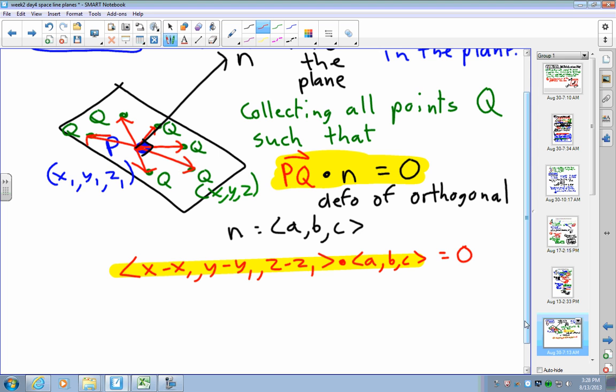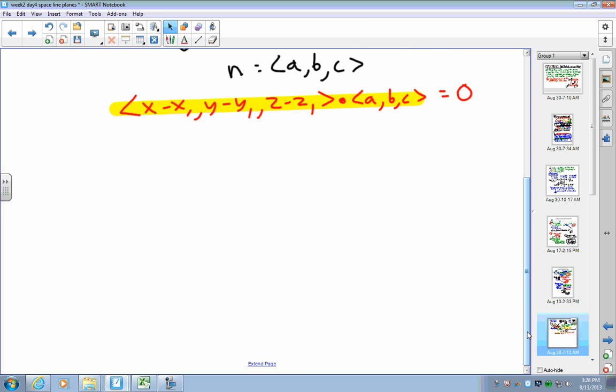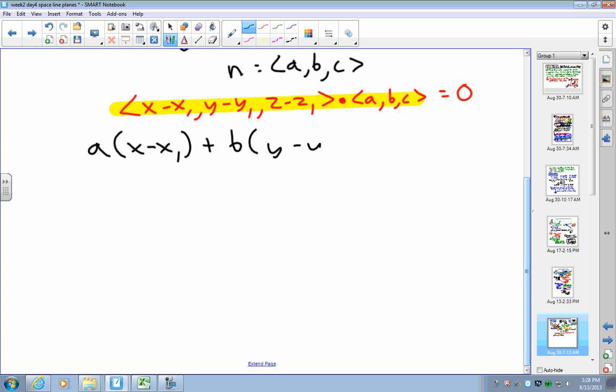Okay? So we can rearrange this a little bit to make it a little bit nicer. You could be saying then a times x minus x1 plus b times y minus y1 plus c times z minus z1 equals 0.